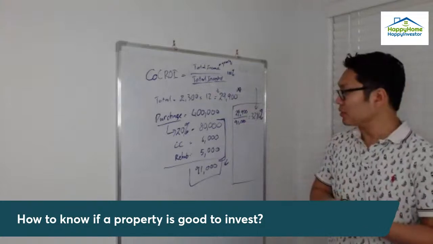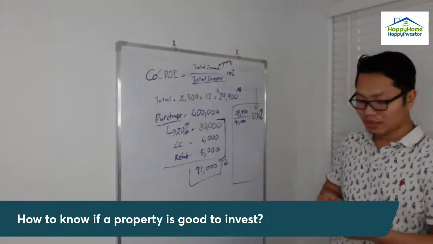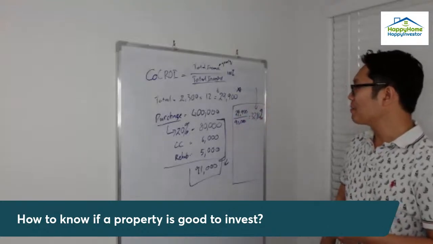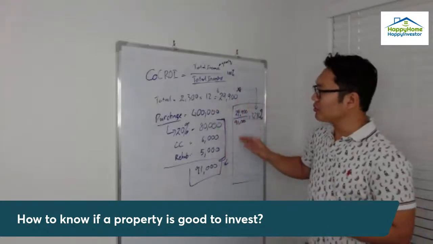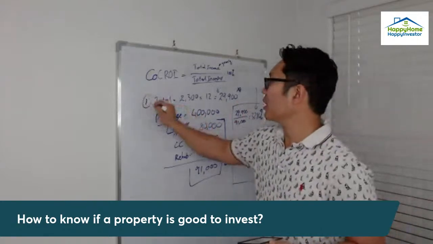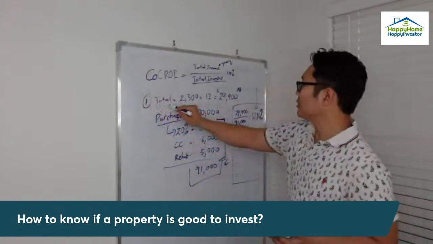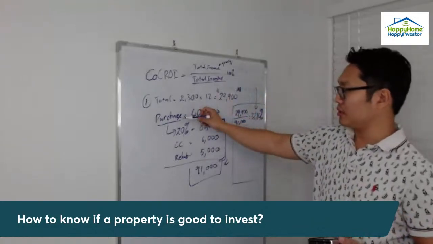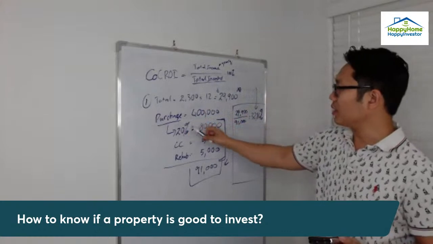To be honest with you, this is a little bit high, maybe because of the way that I set up the example, right? But this is the basic of how you do the calculation. First of all, you have to find the total income, which is yearly, which is this number right here, and then the purchase price right here.